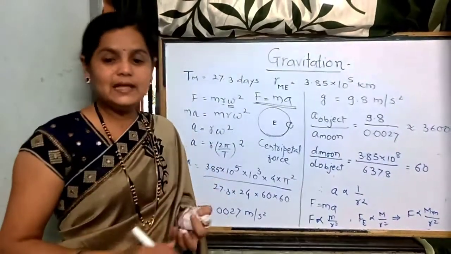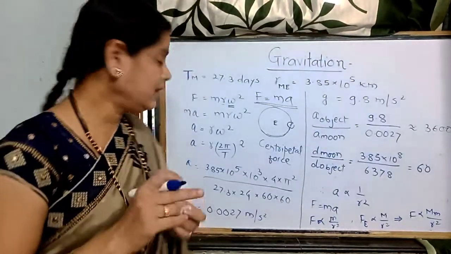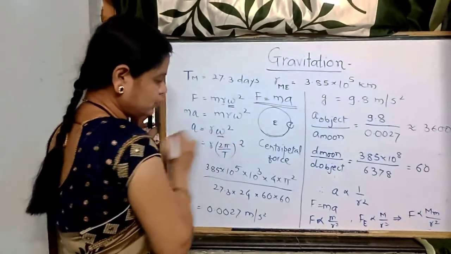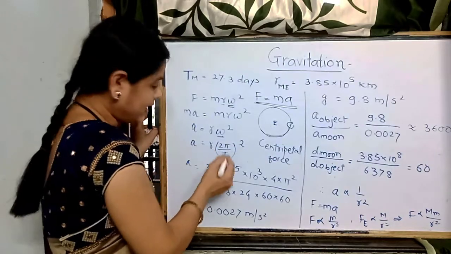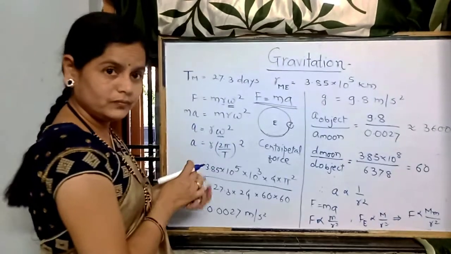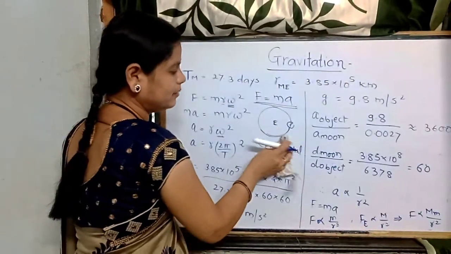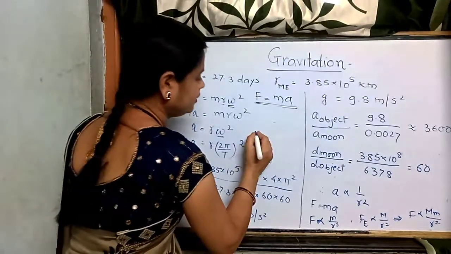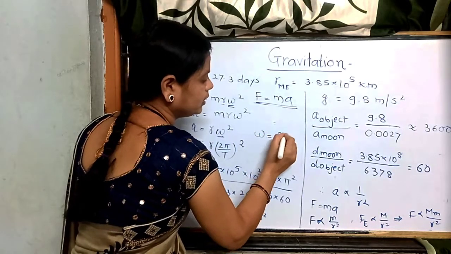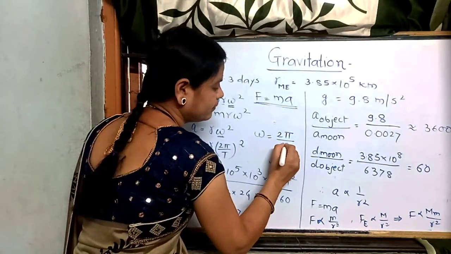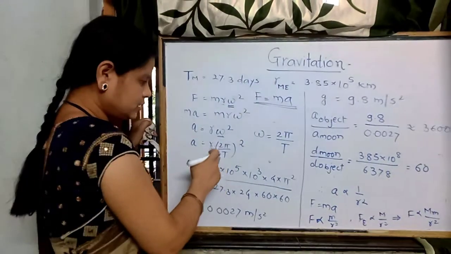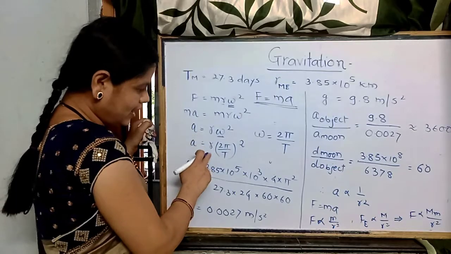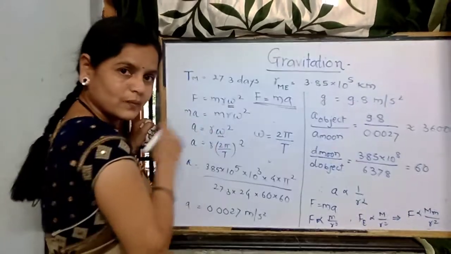This acceleration can be written in terms of r into omega, substituting omega in terms of period. Omega is equal to 2 pi by T. We have written the angular velocity omega is equal to 2 pi divided by T, and therefore substituting this value, a is equal to r into 2 pi by T whole square.